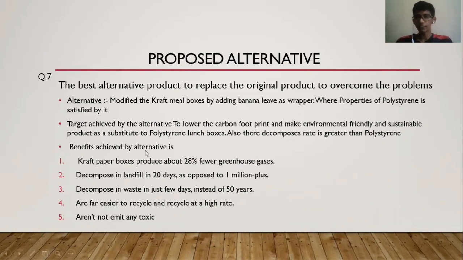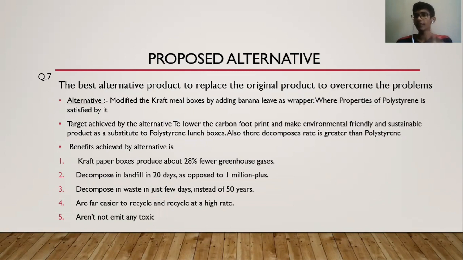We have a look at the benefits achieved by the alternative. The craft paper boxes produce 28% fewer greenhouse gases in production, manufacturing, and at the end of the life cycle. And it decomposes within a 30-day period in the landfill, and it also decays in water easily, and its recycling capacity is a little higher than polystyrene materials.